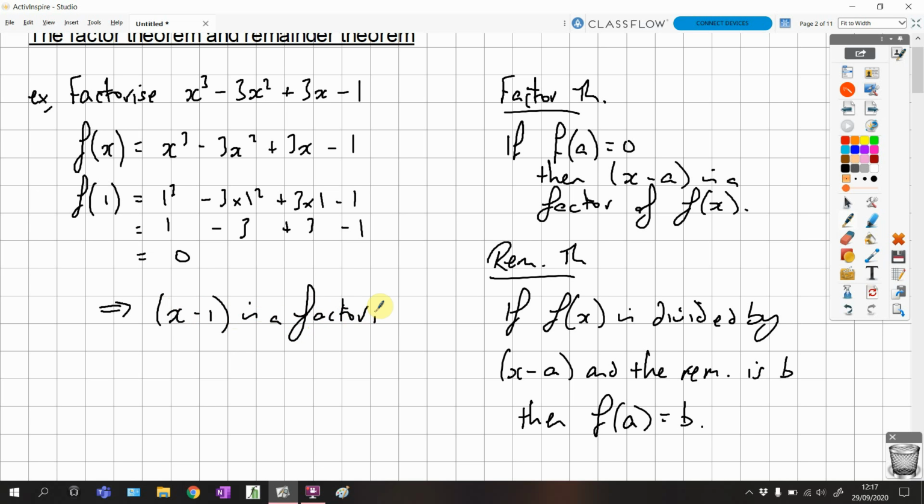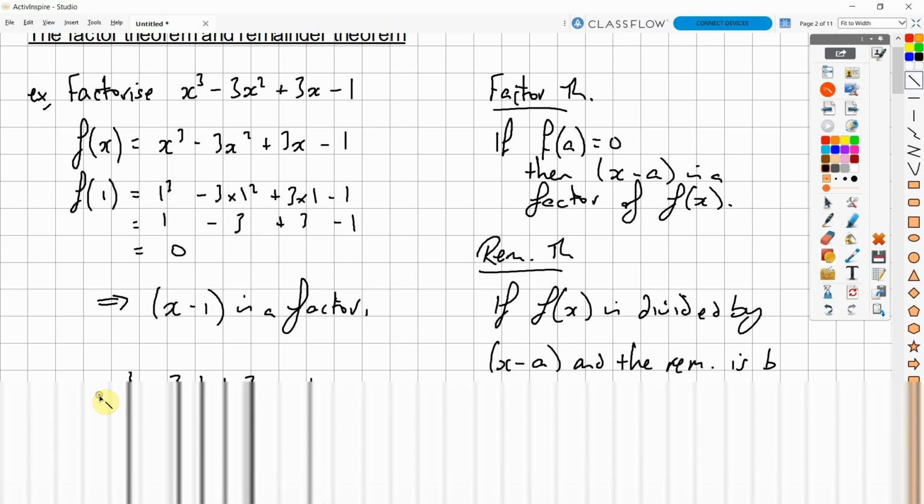That's a really useful piece of information, because now that I know a factor of this cubic, I can use algebraic long division to factorise, hopefully, the entire cubic.